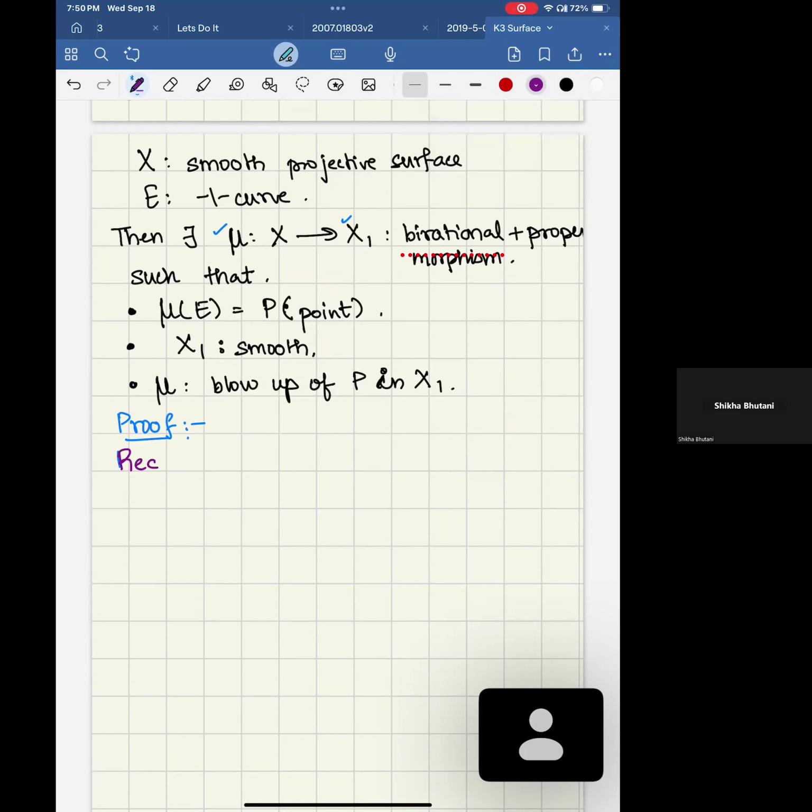Okay, recall that if you're given a divisor D naught, then you can define the complete linear system associated with D naught to be the collection of all the divisors D which are linearly equivalent to D naught and are effective.